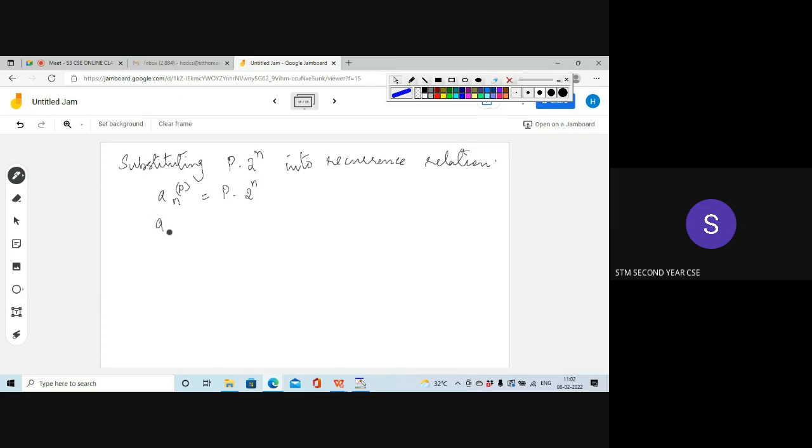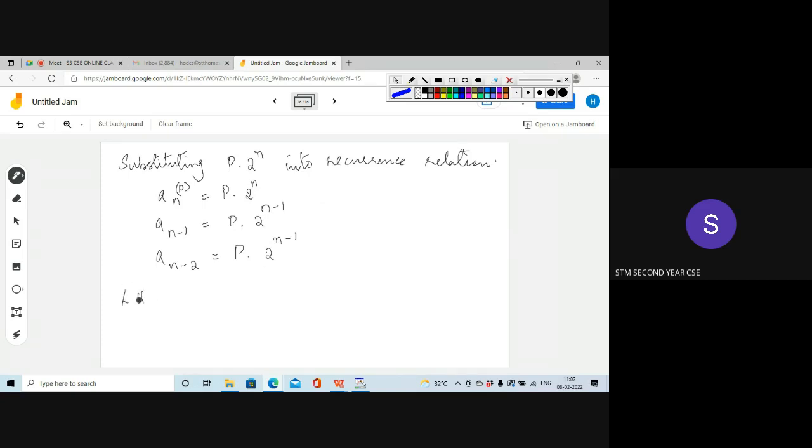Now an minus 1 is equal to p into 2 raised to n minus 1, and an minus 2 is equal to p into 2 raised to n minus 2. I'm substituting all these values into the recurrence relation given.